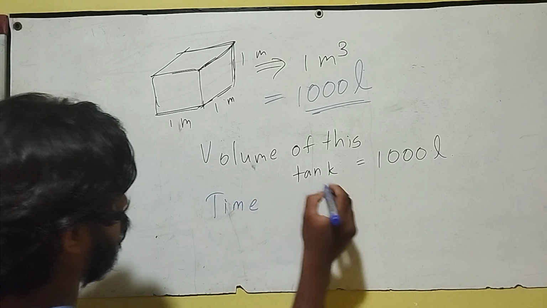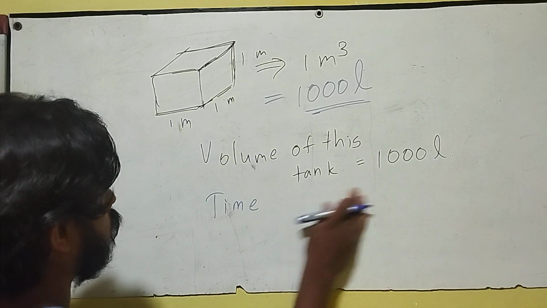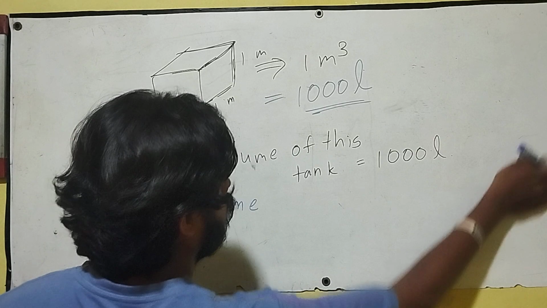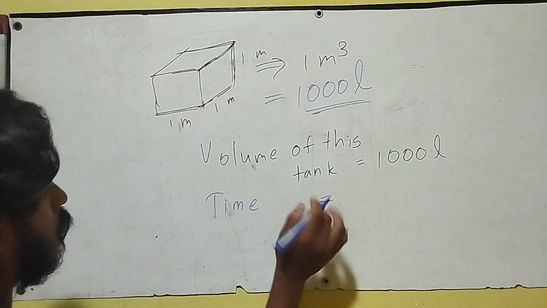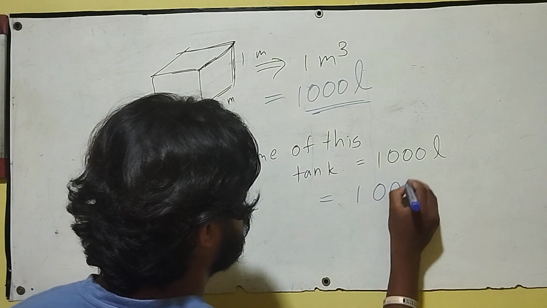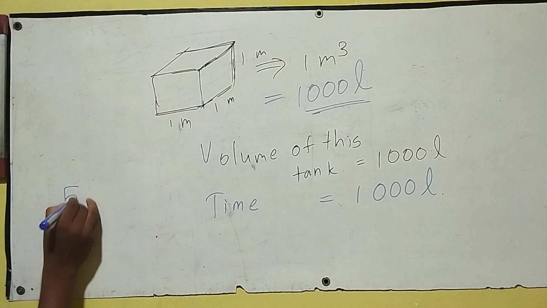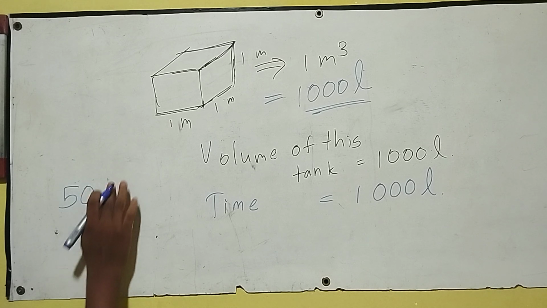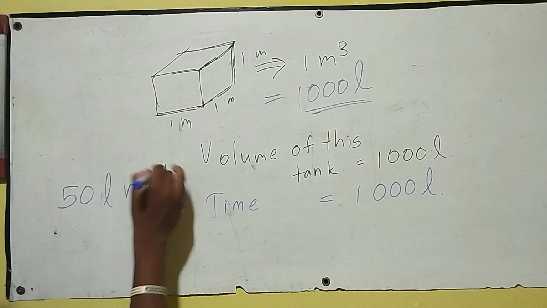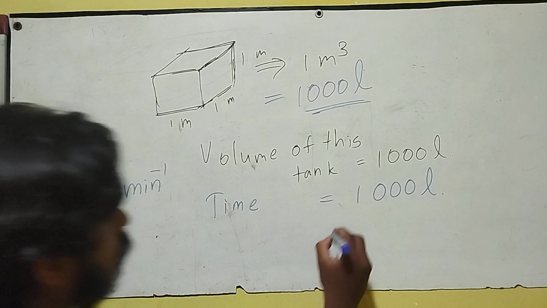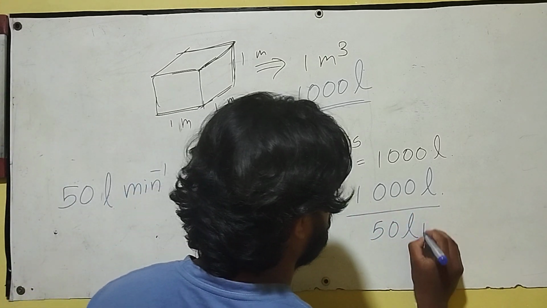Then they told us 50 liter per minute. Now we can divide by 50 liter per minute.